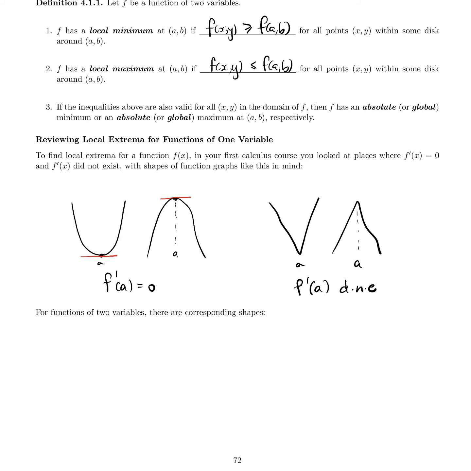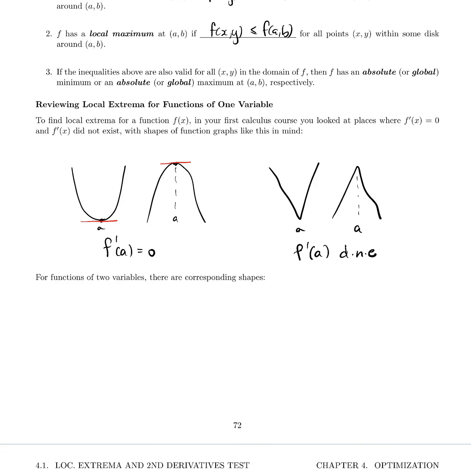For functions of two variables, there are some corresponding shapes. We've seen them already. So paraboloids are a good example, although this kind of shape can exist on other function graphs as well. And of course, it's not the tangent line which is horizontal in these kinds of cases, but the tangent plane.